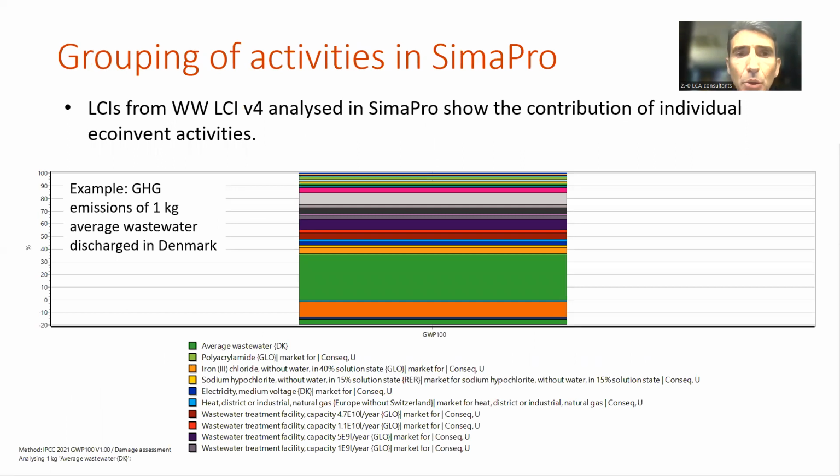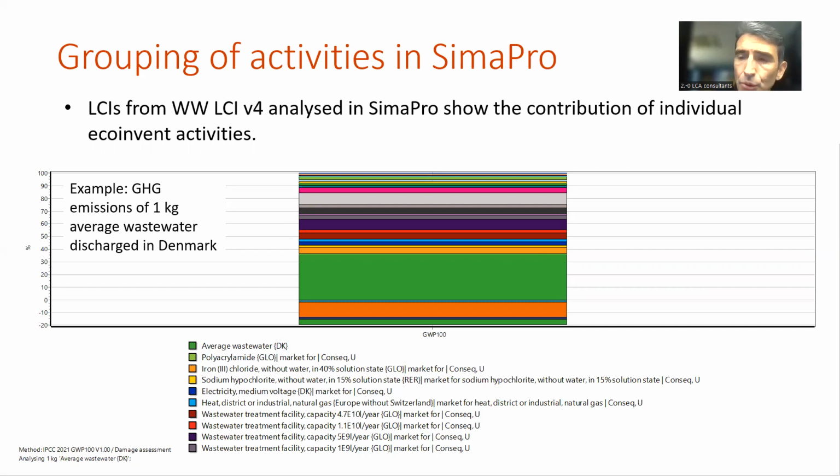Next topic is the grouping of activities in SimaPro. Another new feature that hopefully improves contribution analysis when you are carrying out calculations in SimaPro. So if you are a SimaPro user, you will probably be very familiar with this kind of graph.